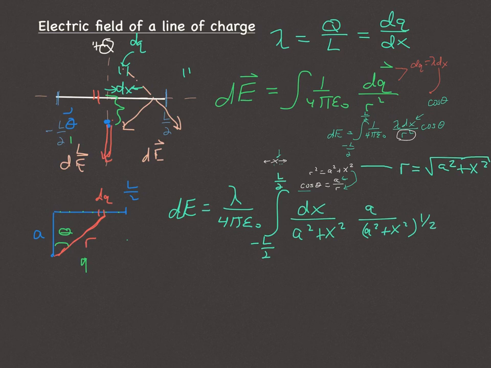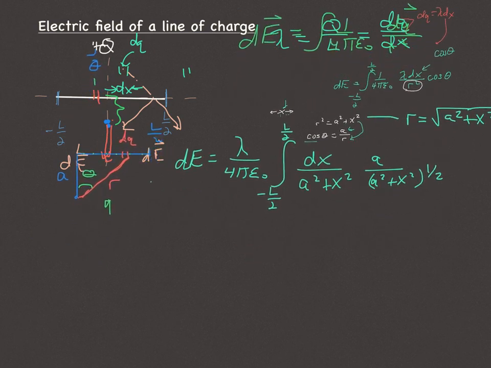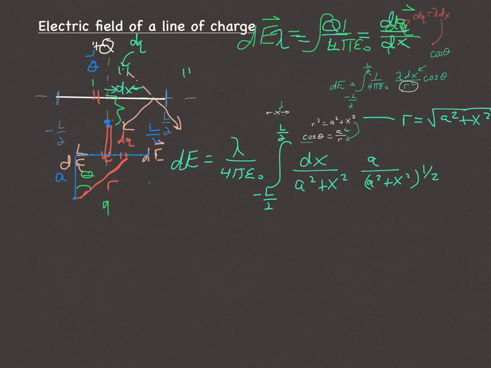And we can combine the bottom terms. And do another trick here. Since we have symmetry, and we're going from negative L over 2 to L over 2, what we can do is double the value from 0 to L over 2.